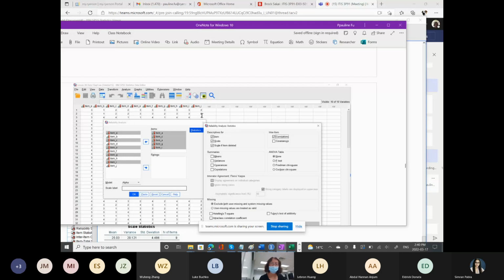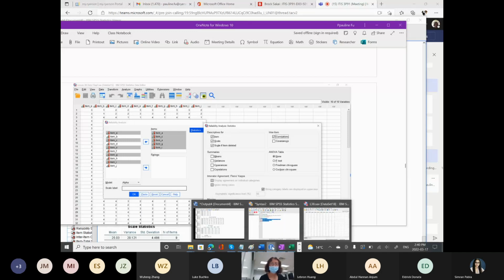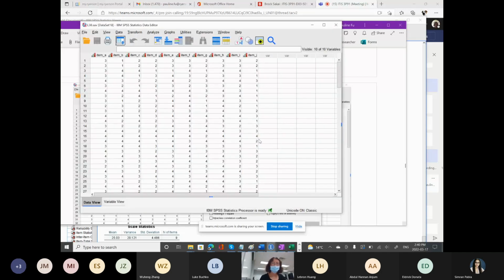Okay, so let's go to the data. Stage 1, create correlation for emotion-focused items.